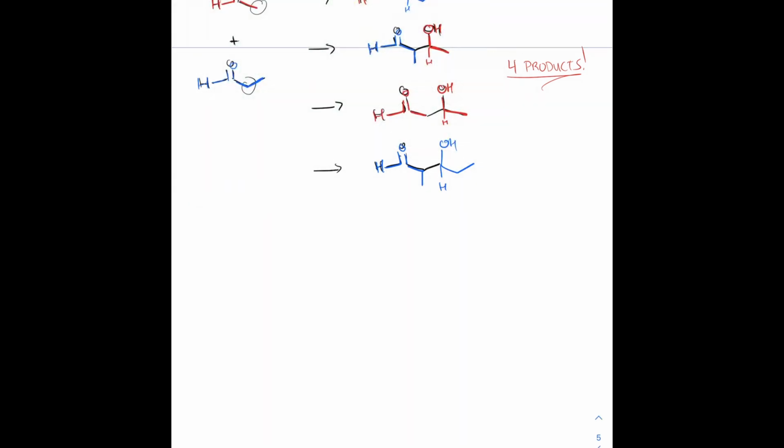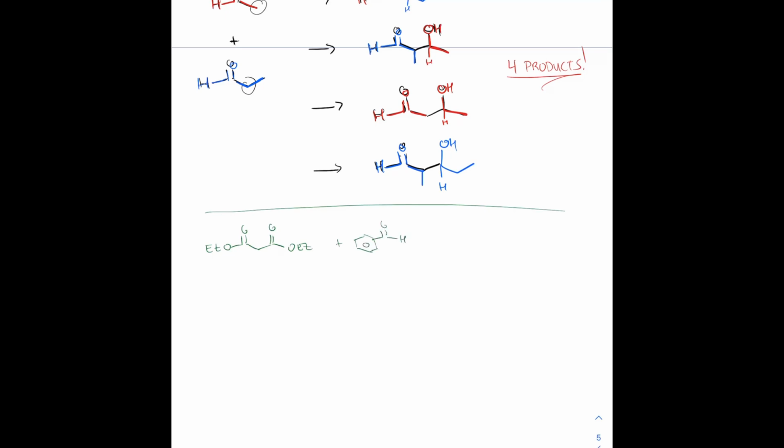And so this is why it would be synthetically useful only to have a compound with one set of alpha hydrogens. All right, just keep in mind that these unsymmetrical aldehydes are pretty much just some carbonyl compound with alpha hydrogens reacting with another carbonyl compound.